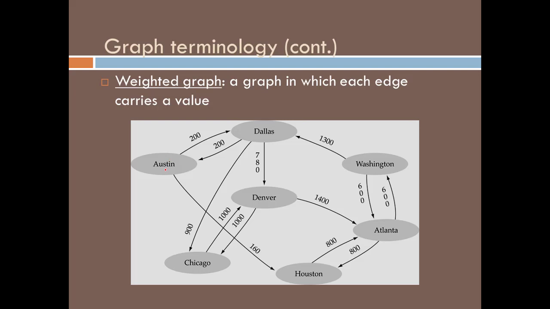Similarly, if we look at Austin to Houston, there is a value of 160. It means from Austin to Houston there is a distance of 160 kilometers, but there is no road from Houston to Austin. This is a single road going from Austin to Houston.